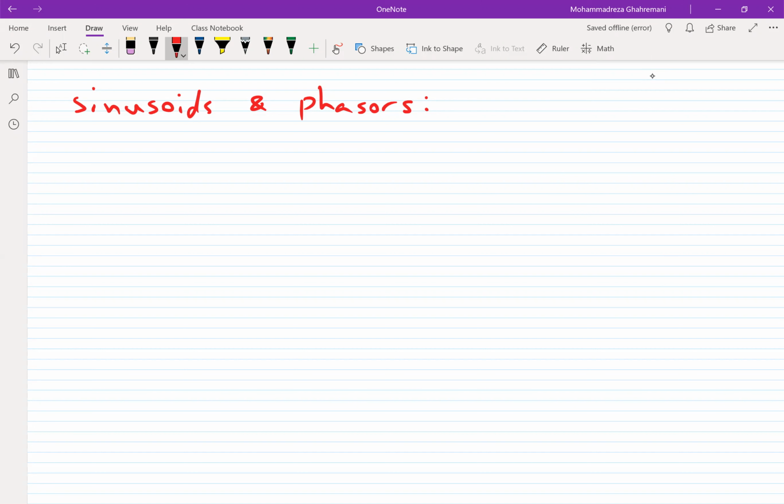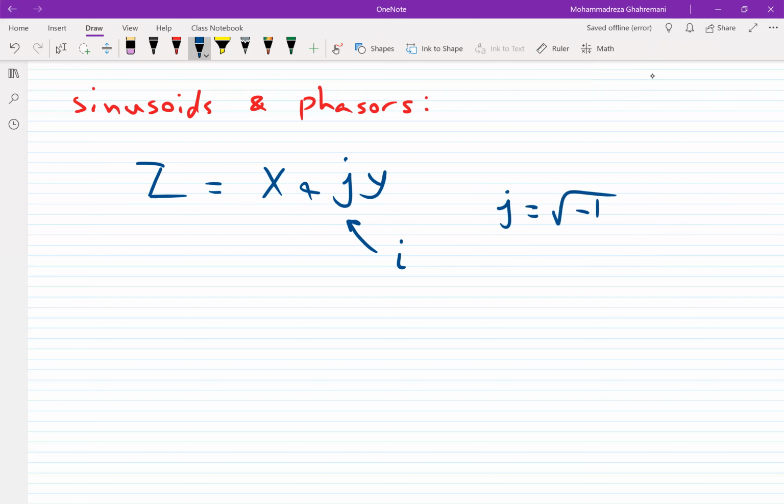First, we all know what a complex number is: a number which consists of a real part and an imaginary part. In some mathematics books they use i, but here we show the square root of -1 with the letter j, not i.